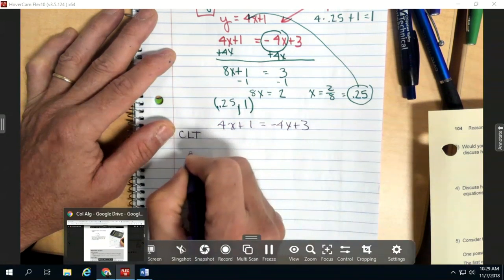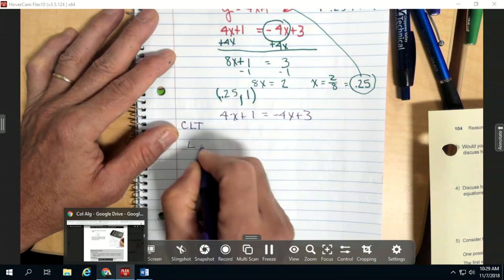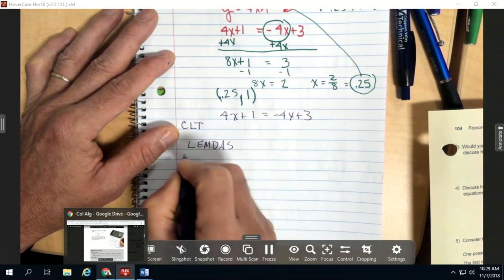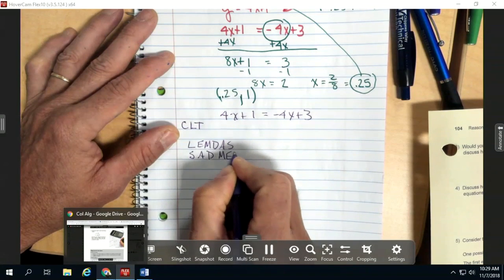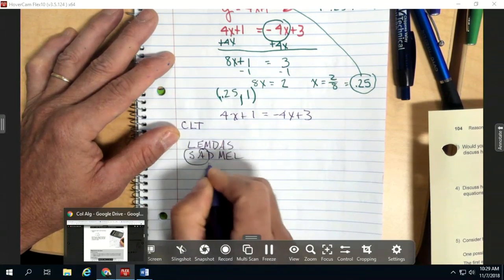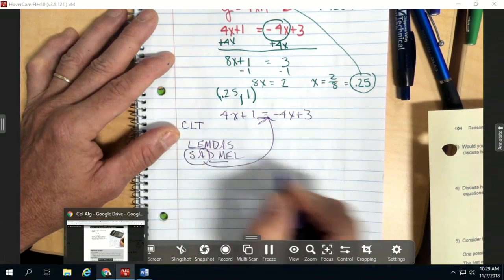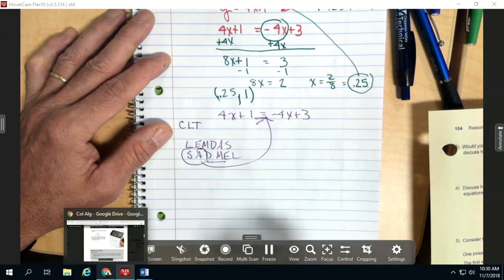Think about it this way. We know that our order of operations is lem das. The order of solution is sad mel. So do the additions and subtractions before you do divisions and multiplications. That'll help you.